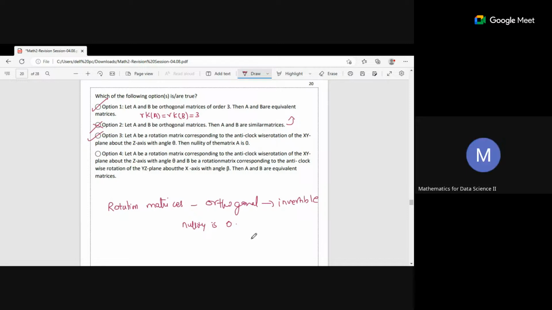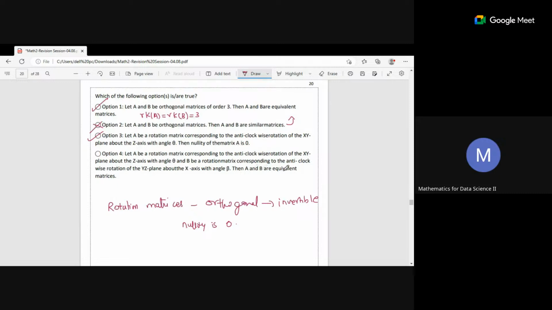Ma'am, every rotation matrix is orthogonal. Okay. Let A be a rotation matrix corresponding to the anti-clockwise rotation of the xy plane about the z-axis with angle theta. And B be the rotation matrix corresponding to the anti-clockwise rotation of the yz plane about the x-axis with angle beta.